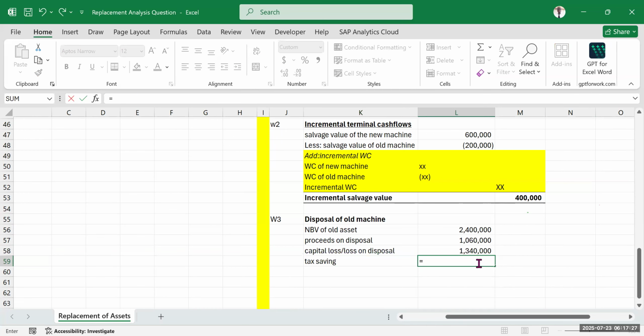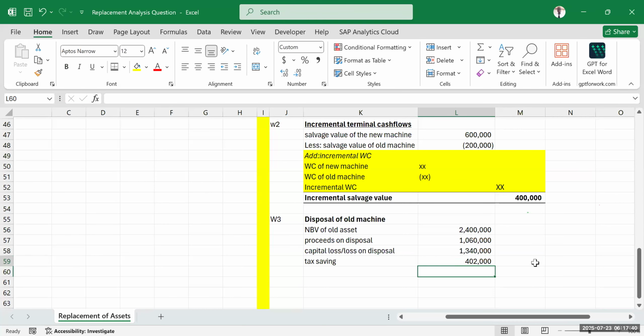We just take the tax rate, which is 30%, given by the examiner. We multiply by the capital loss, this 1340. So how much are we saving in terms of tax? 402,000.